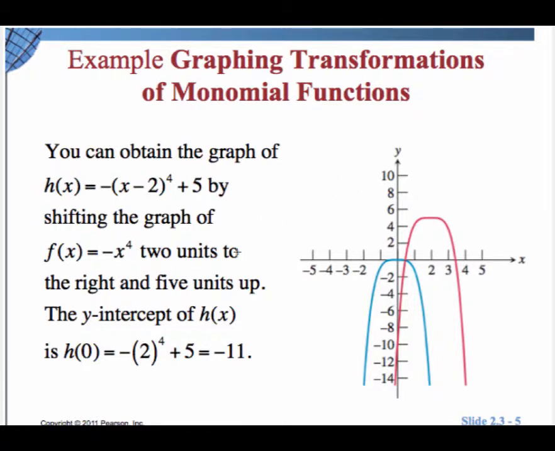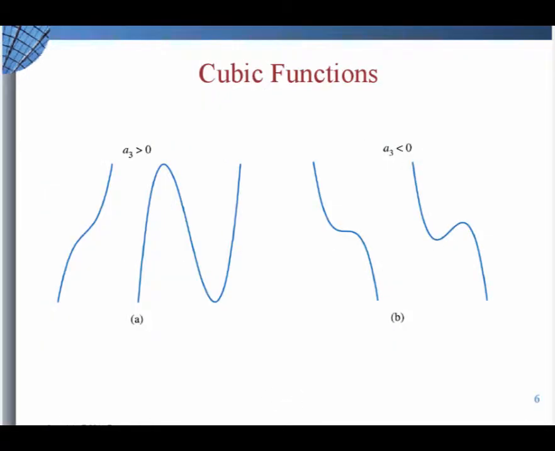We didn't really talk about the negative coefficient on x to the fourth, but really the parent function is x to the fourth. So the graph of that parent function would look something like this: in general, come down, go back out like this. The first thing we have is a reflection across the x-axis, to get the blue curve from the green curve, because of this negative value here. And then we get our various translations.